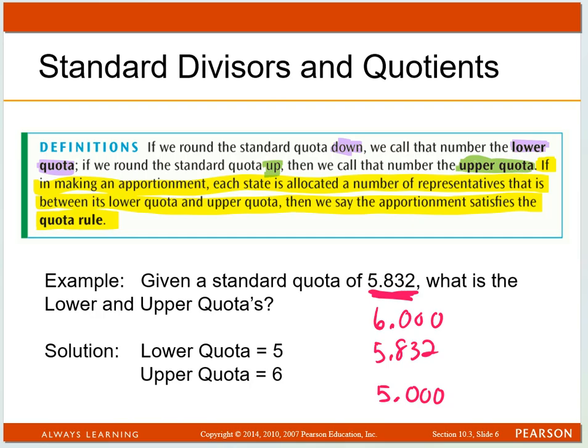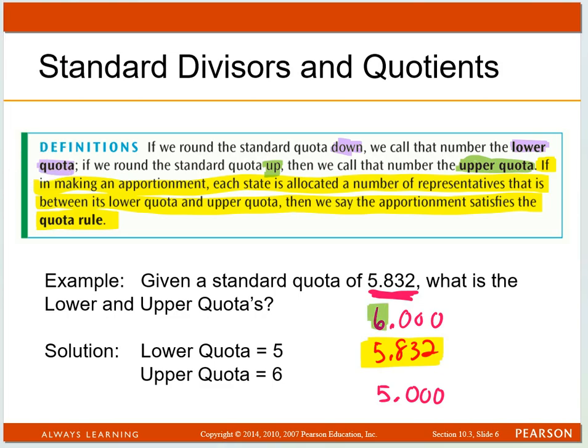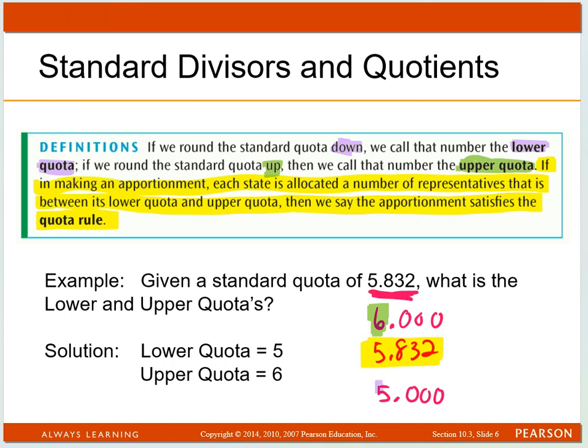They have to be whole numbers for that. So if you are given this number and asked to assign a value, it has to be either the upper quota, which would be the 6, or the lower quota, which would be the 5. So if I have a 5.8, I'm either going to give it the 5 or the 6.